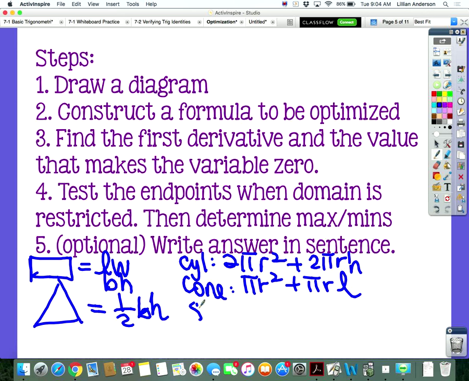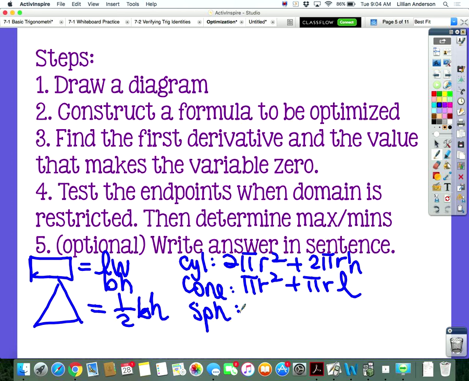Sphere. What about sphere? It's a circle in 3 dimensions. That is true. I actually mentioned it at one point in time in this class. I don't know if anybody ever caught that.